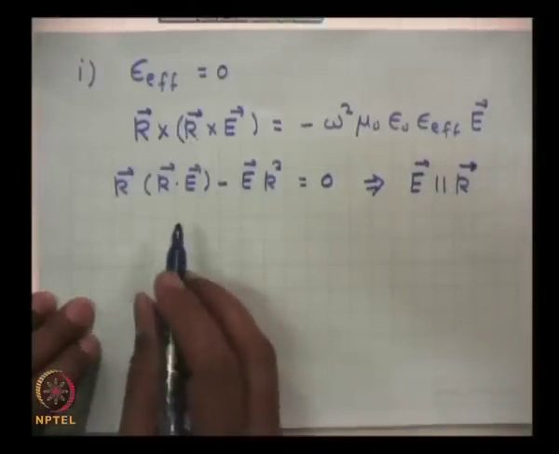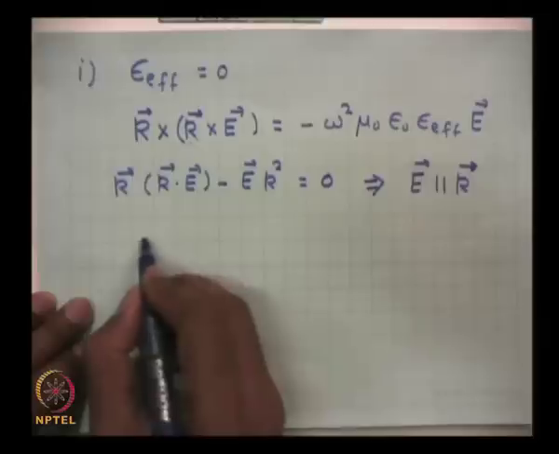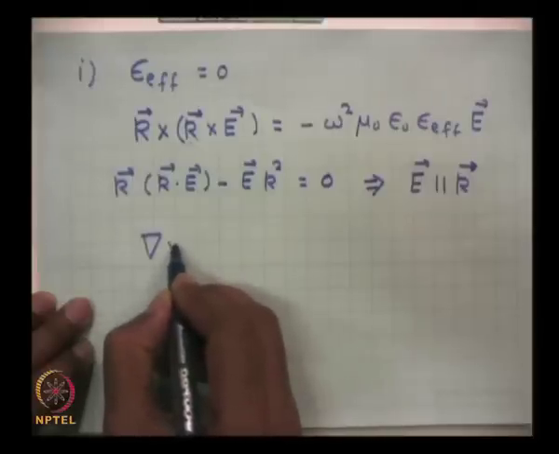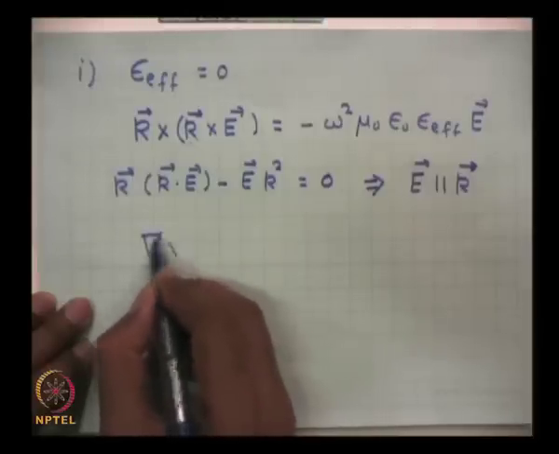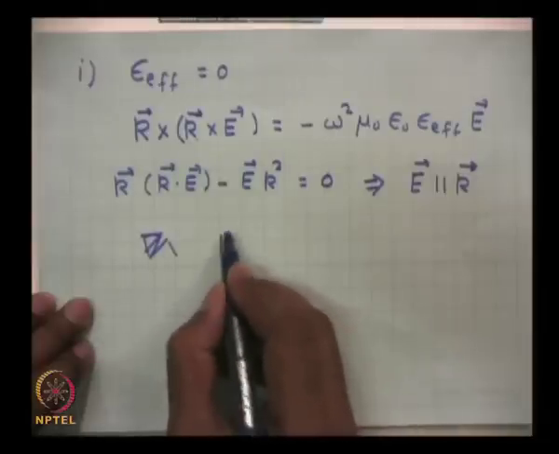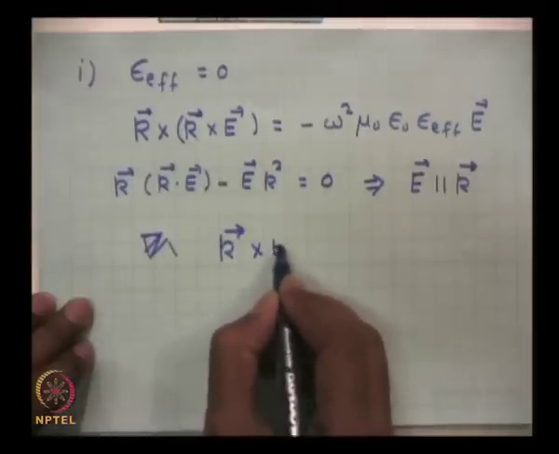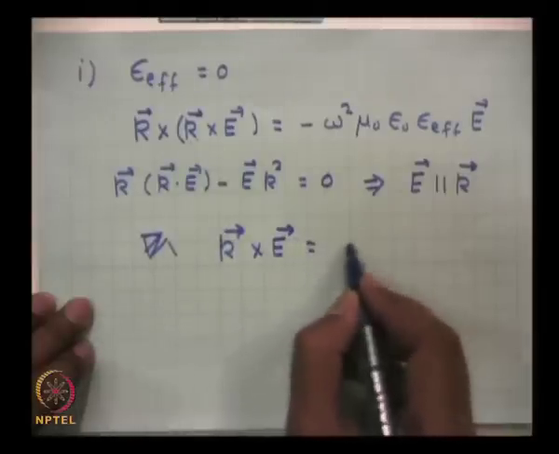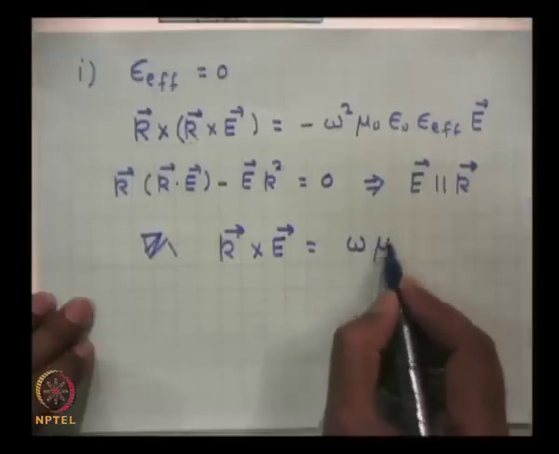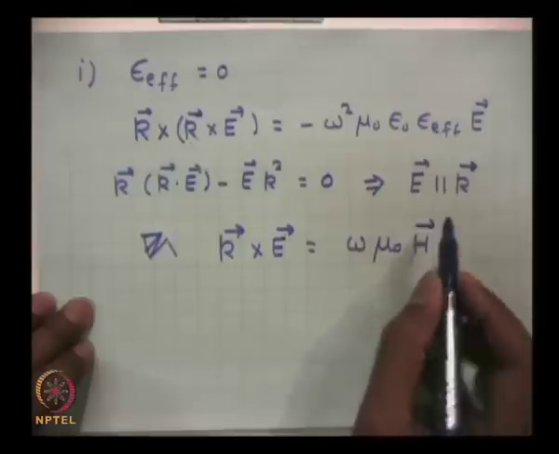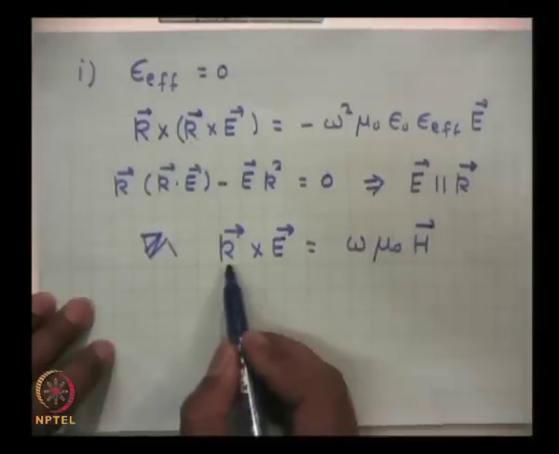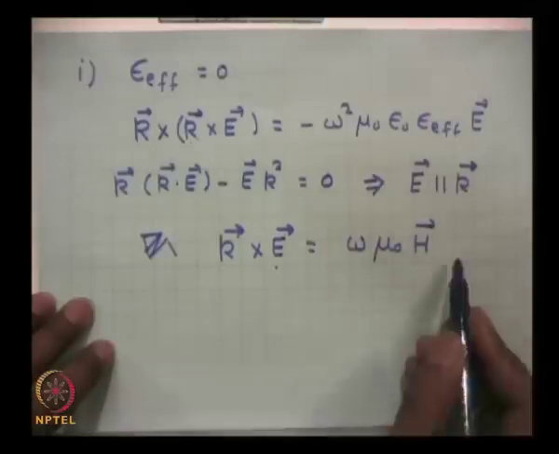And if you go to the third Maxwell equation, which I had written as, sorry, not curl, k cross E is equal to omega mu 0 h. If E is parallel to k, this term will be 0. So, h will be 0.